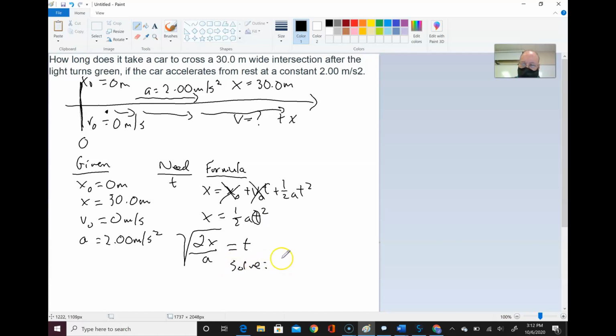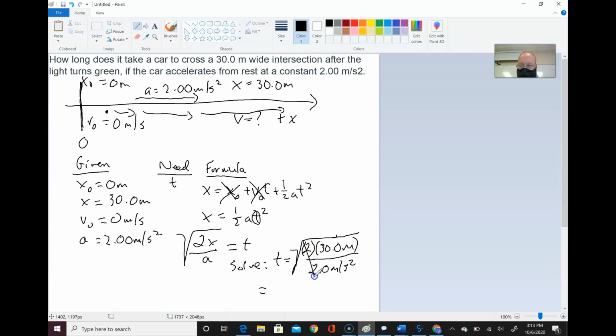And I'm going to say t equals, and I'll put my values in, 2 times 30.0 meters divided by my acceleration, which is 2.00 meters per second squared.